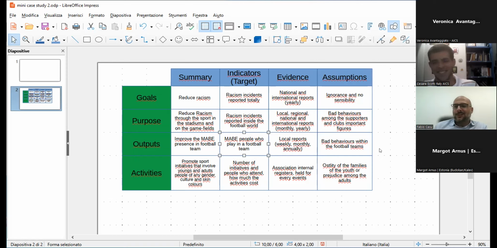But in reality, it's not good. It's that you didn't know that there were incidents. So the evidence column is about that: how can I correctly calculate the indicator? Maybe if you realize that the evidence is very hard to obtain, that means that we have to change the indicator with something that is easier to calculate.